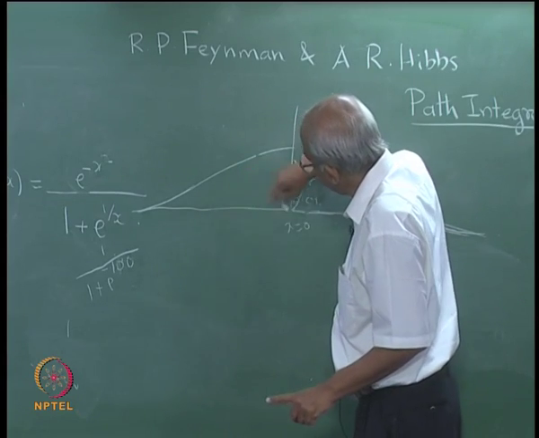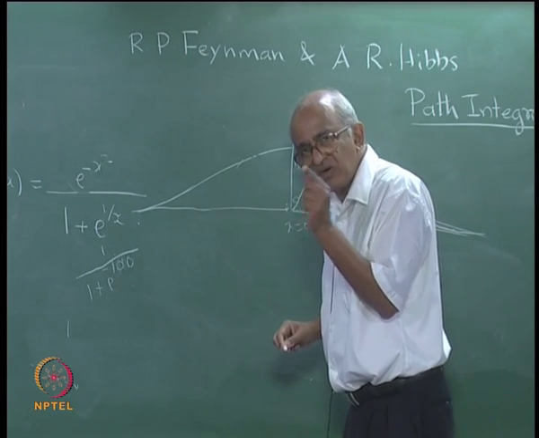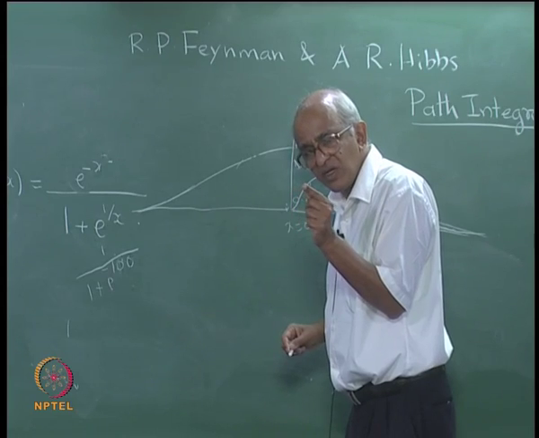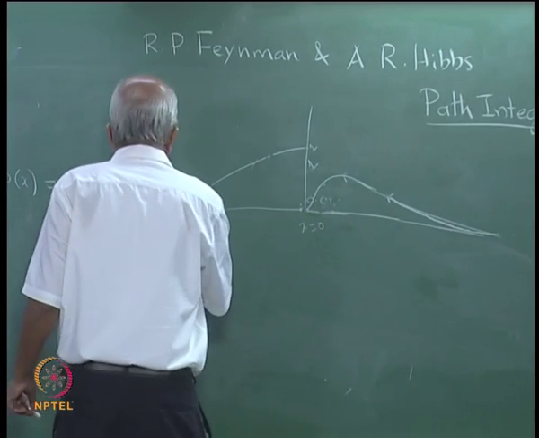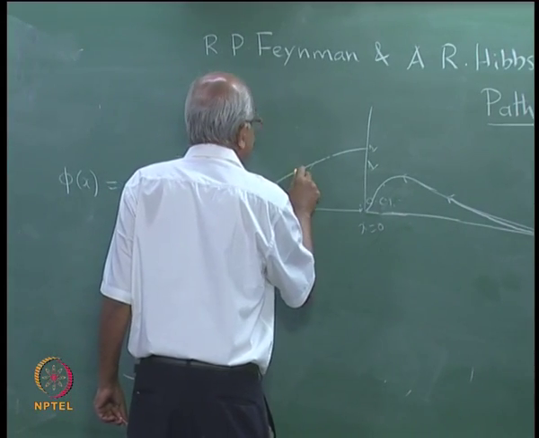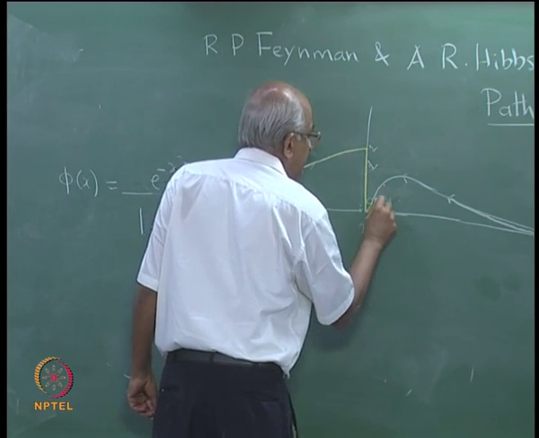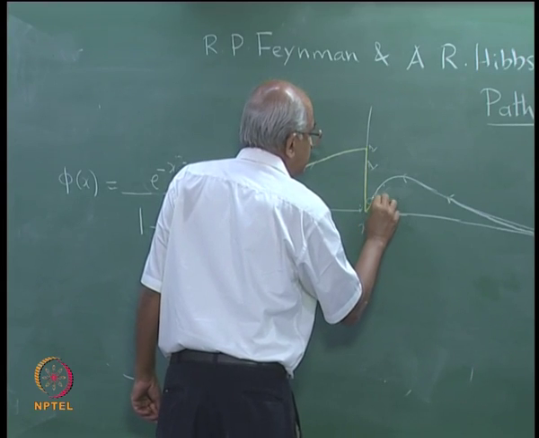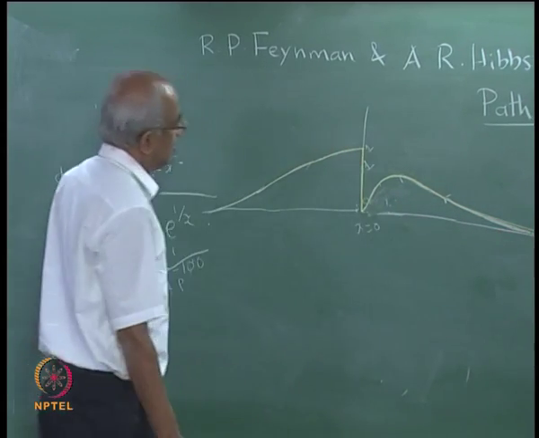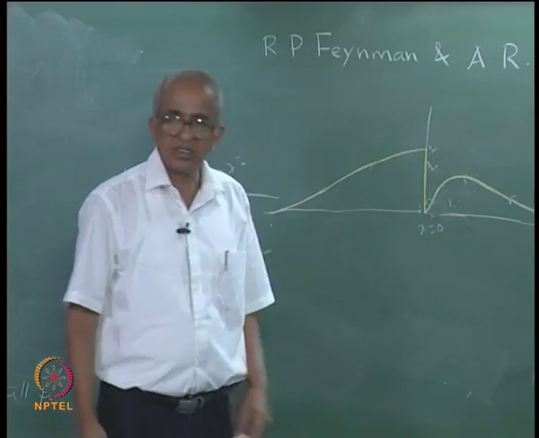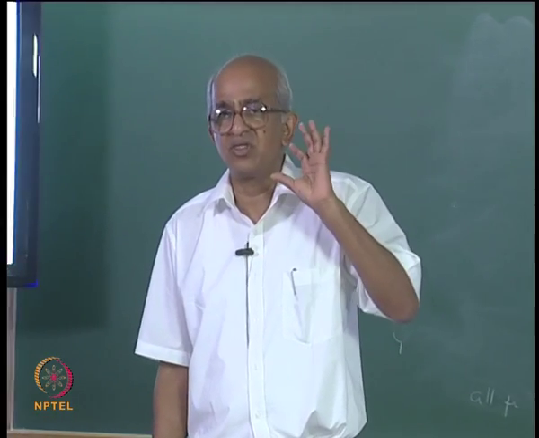If you are going in this direction, the value of the function steadily increases until it reaches the value 1 very close to x equal to 0, and as you cross x equal to 0, the value of the function suddenly jumps, and then it does this. So this function is discontinuous, it has a sudden discontinuous behavior at x equal to 0.